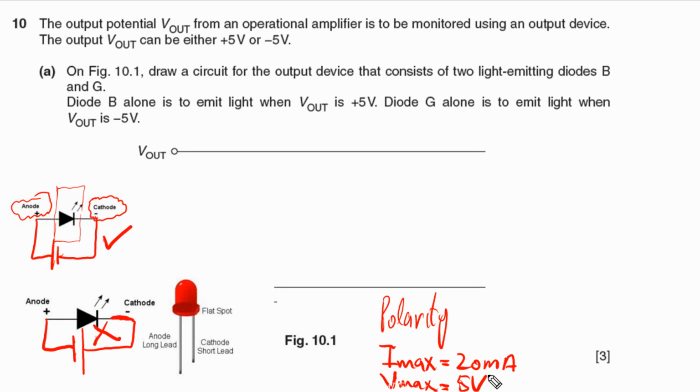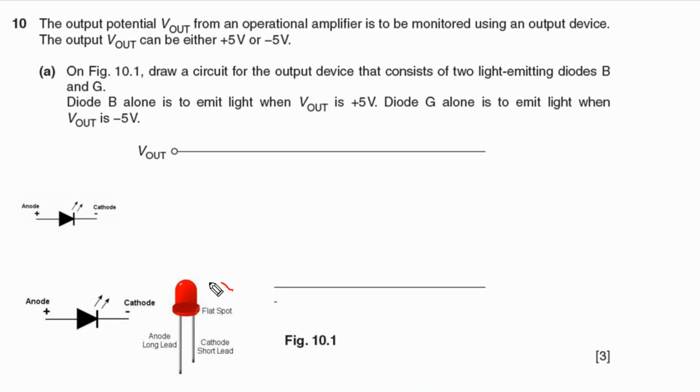If we look at a real image of an LED, we can also find out which side connects to which terminal. This leg is the longer one, and this is the anode side. It has to be connected with the positive terminal of the power supply. The other leg is shorter, and this is the cathode side. It has to be connected with the negative terminal of the power supply.